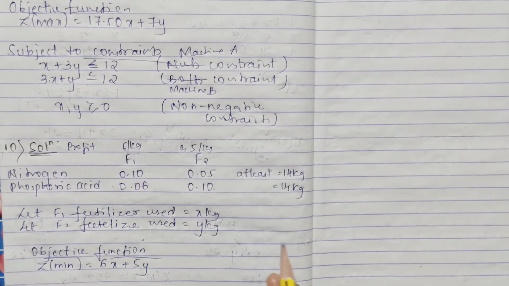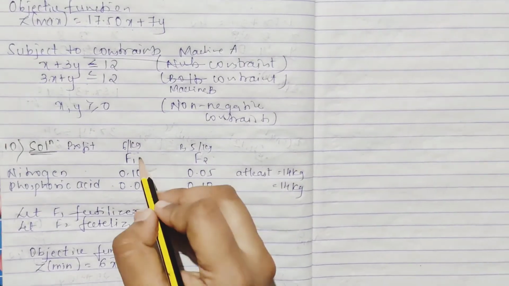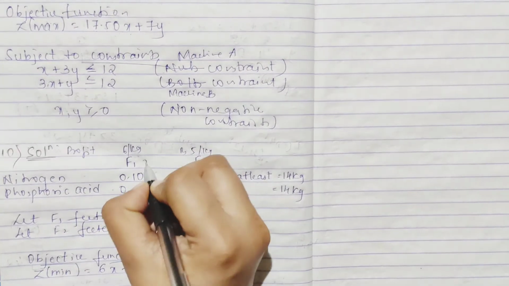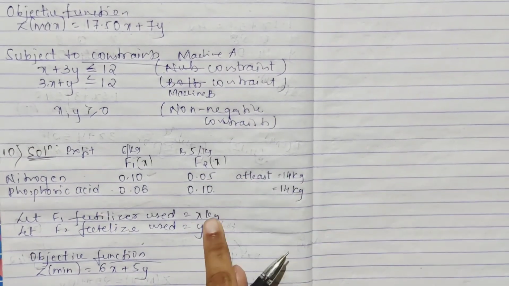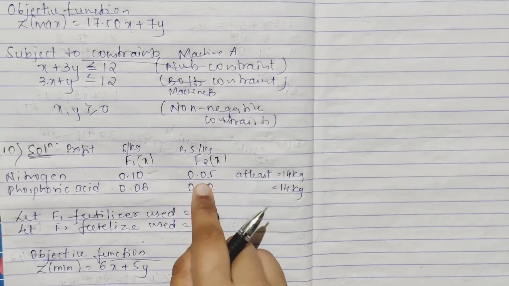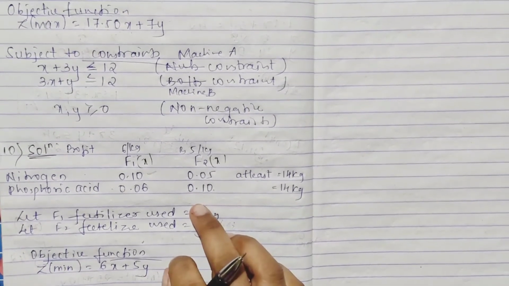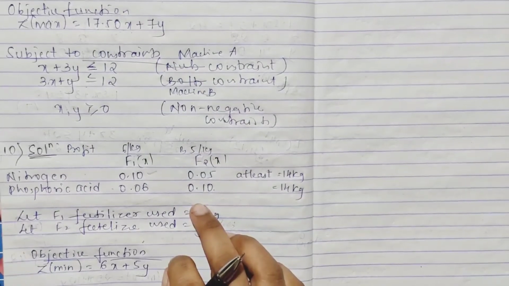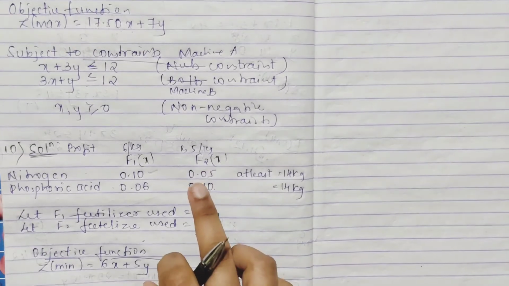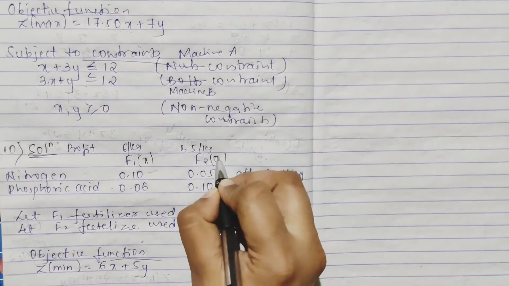For x kg, the cost will be 6 into x, and for y kg, F2 costs 5 per kg, so it will be 5 into y.